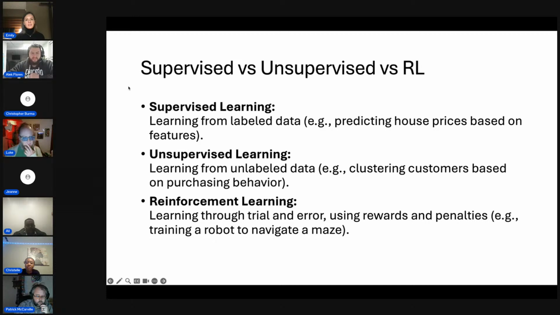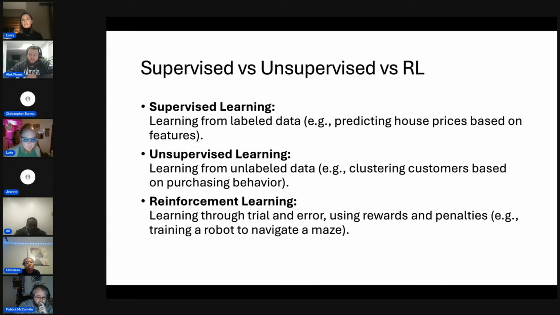Supervised learning is when we have labeled data. We have houses. If you guys ever used Zillow, Zillow has a Zestimate on it. It's an estimate for what they think the house price is going to sell for. That's a machine learning model. We can predict house prices based on information.